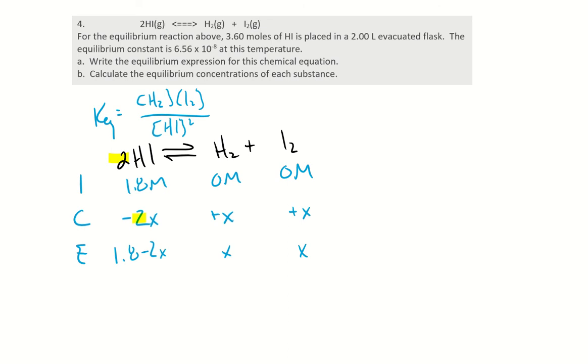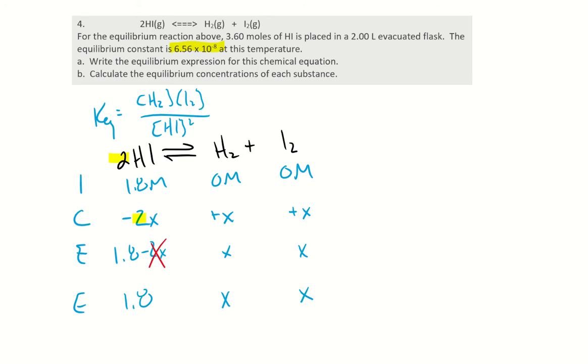But remember our rule, 100 times the KEQ is still going to be much, much less than our initial concentration. So I'm going to ignore that minus 2x. I'm going to revise my equilibrium concentrations as 1.8, x, and x.